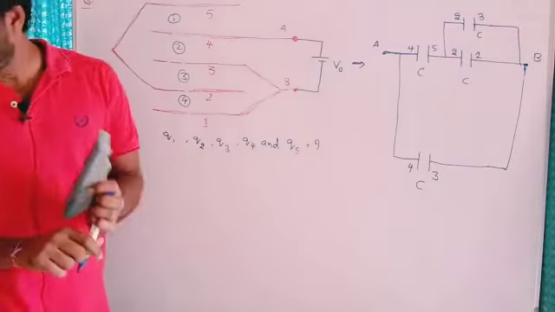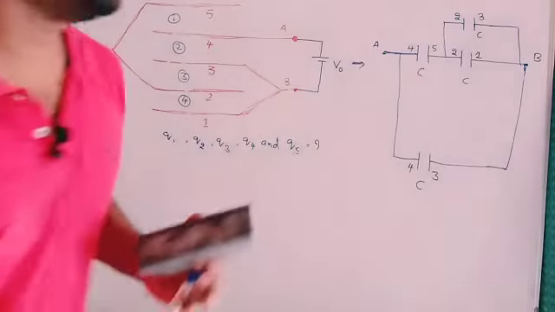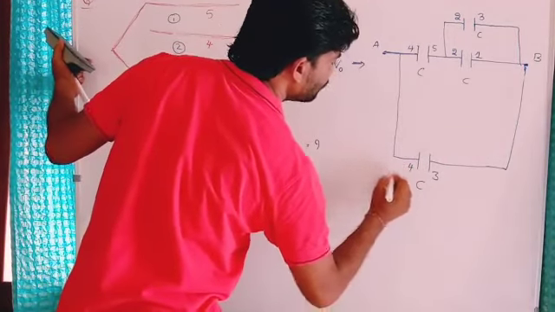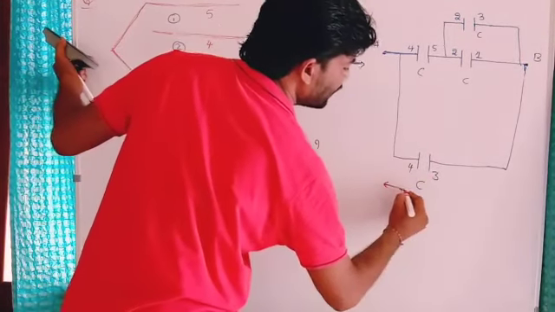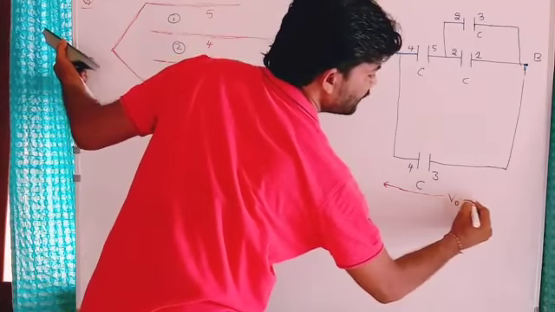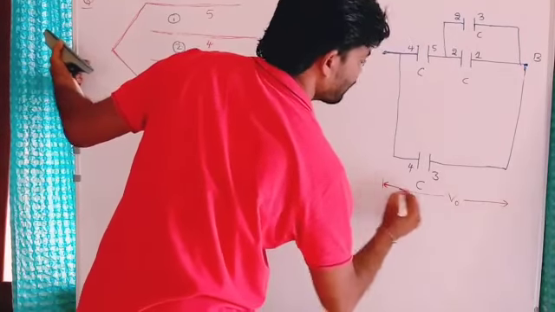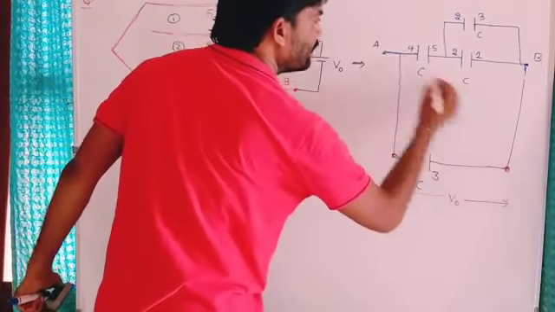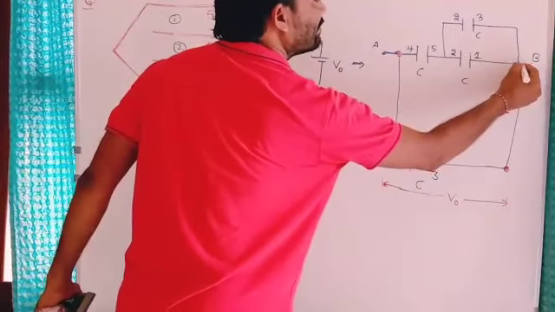But they said the potential difference maintained between these 2 points is V0. From A up to B, the potential drop is V0. So here the potential difference is V0, here also V0.